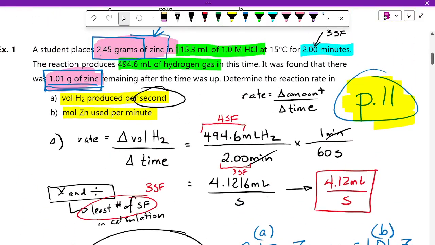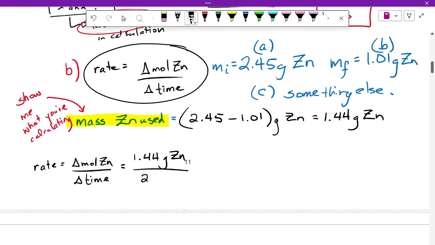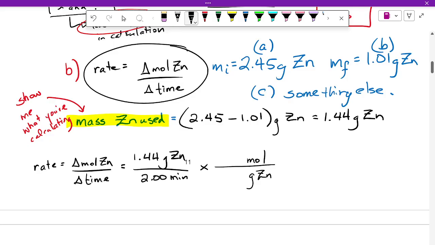And our time is 2 minutes. But we don't want grams per minute, we want moles per minute. So we're going to cancel our grams and we're going to find our moles.